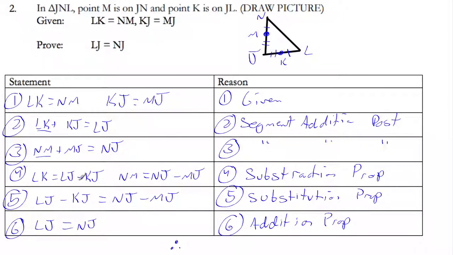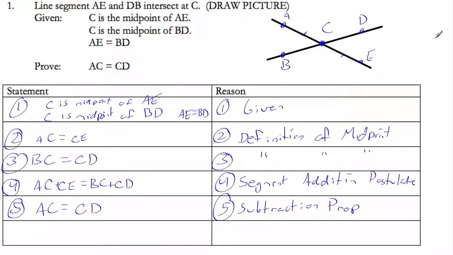Using substitution, I set those two equations equal to each other. And then using addition, I add the congruent values. Again, try going through this by yourself separately without the help of the video and see if what you did matches. See if you can remember the pieces that I just did. And for this previous one, that's actually how we should have gone about that.